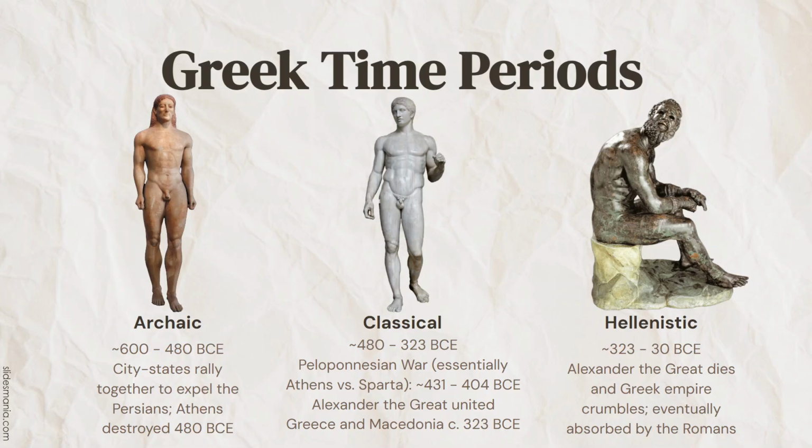When we actually get into the Greeks, now talking about the Greeks, we have three major artistic and historical periods in which we are categorizing our artworks. So it's going to be archaic, classical, and Hellenistic. In this video, we're just focusing on archaic statues.